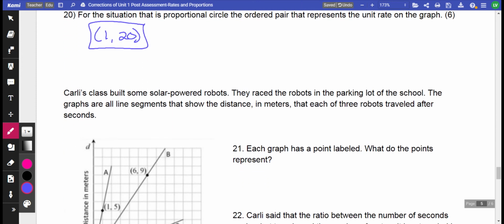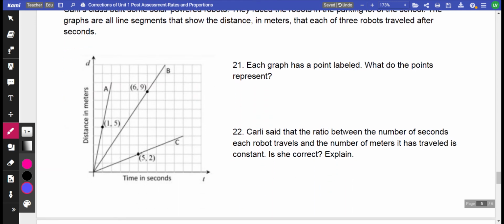All right. Carly's class built some solar-powered robots. They raced the robots in the parking lot of the school. The graphs are all line segments that show the distance in meters that each of the 3 robots traveled after some number of seconds. X-axis is time in seconds, y-axis is the distance in meters. So number 21, each graph has a point labeled.